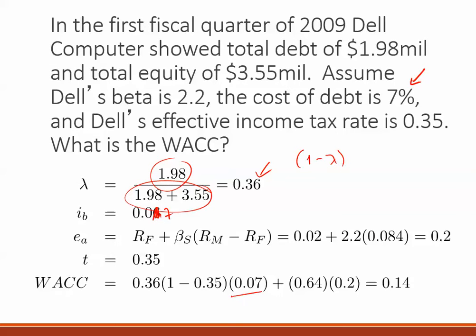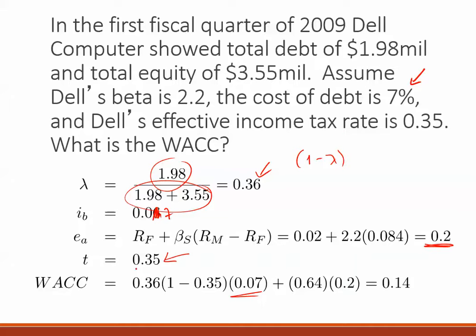It's right here. Then E sub A, here you have all the components for it, so you can calculate it. You get 0.2, and we have this 35% tax rate.